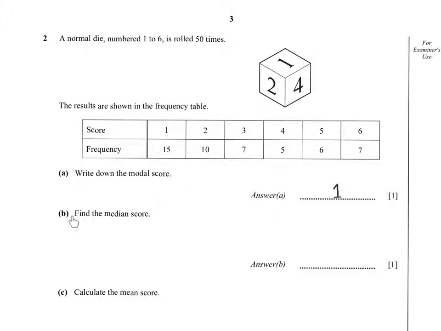Next, how to find the median score. Median, the middle value. How to find the middle value? You must look for the total number. We have 50 values. So we have 2 in the middle. If the number is even, we have 2 in the middle.